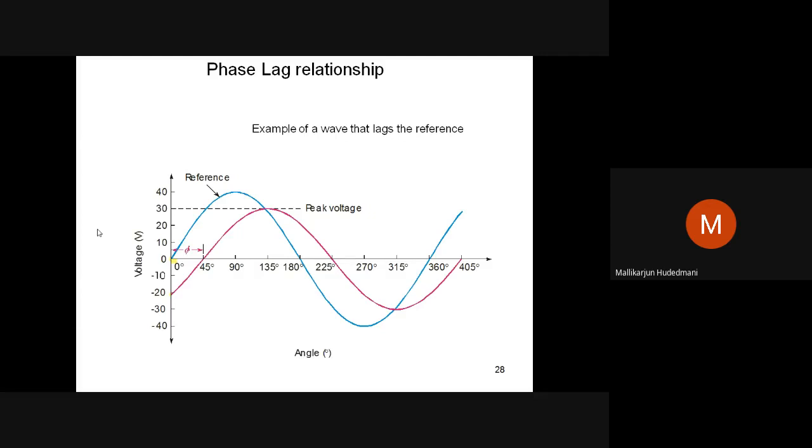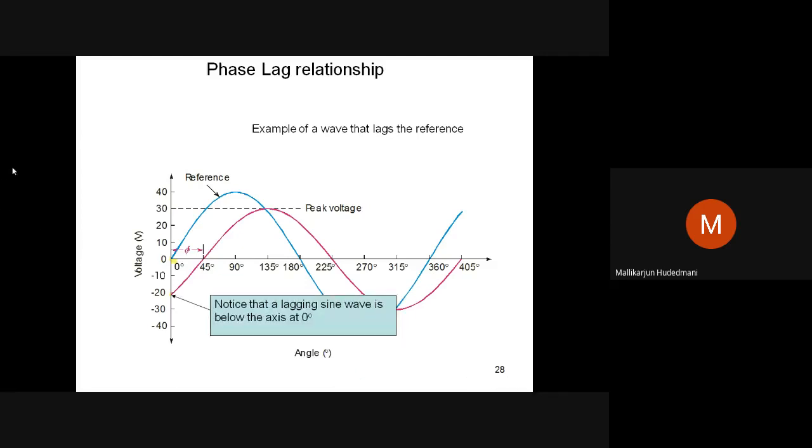When I collectively compare wave number 1 and wave number 2, wave number 2 possesses respective points like wave number 1 later by an angle of 45 degrees. Then I would say wave number 2 possesses a phase lag relationship.